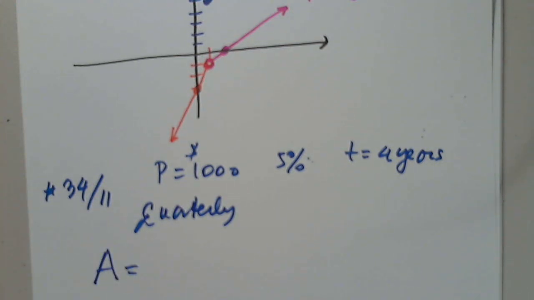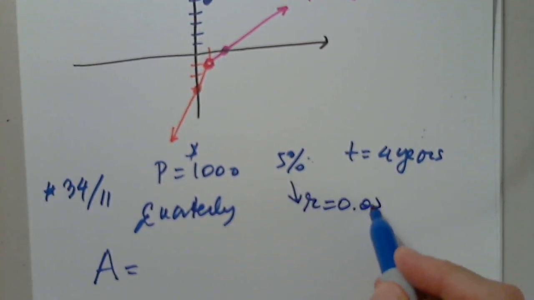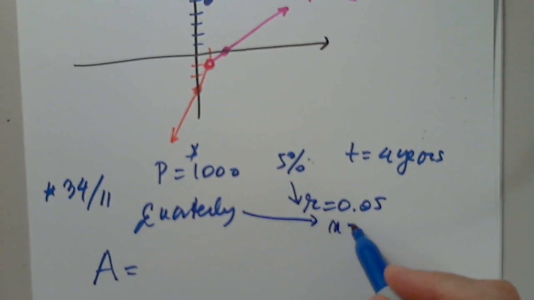The formula for the accumulated value, please. Can anyone give us the accumulated value formula? No one?